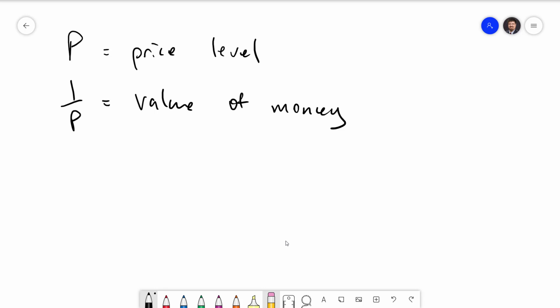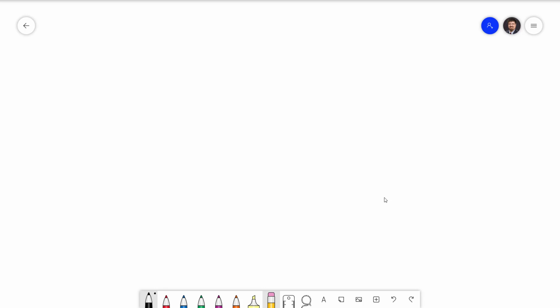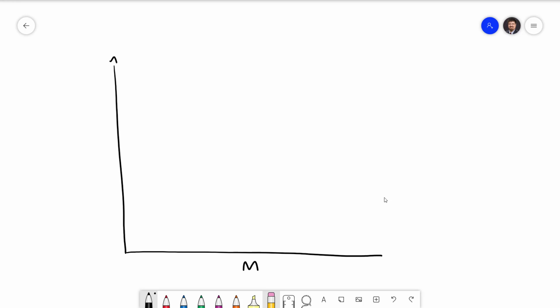As with so many other things, the value of money is determined by supply and demand. I'm going to illustrate this with a graph. On the horizontal axis, we're going to have the quantity of money, that's M. And over here on the vertical axis, we will have the value of money, which is 1 over P. But I'm also going to draw a second vertical axis on the right, and that's going to be for our price level.